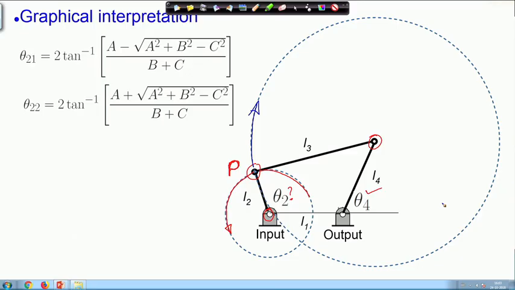Therefore, the mechanism can be assembled only where the two circles intersect. So, this is one, the other intersection is here. Therefore, the other configuration at which we can assemble the mechanism is this.